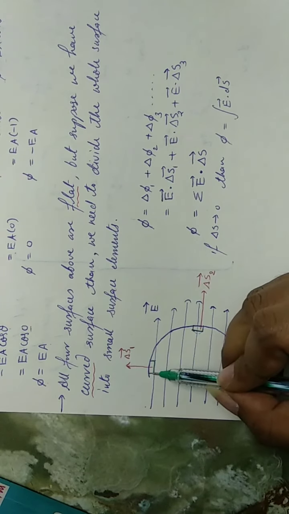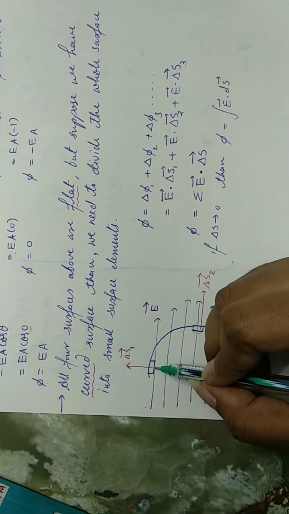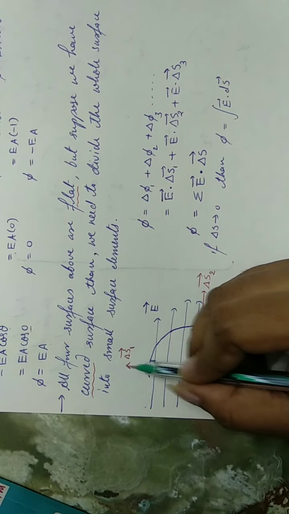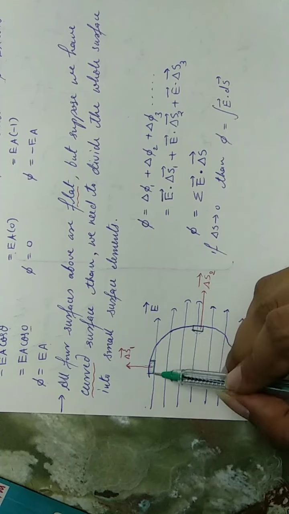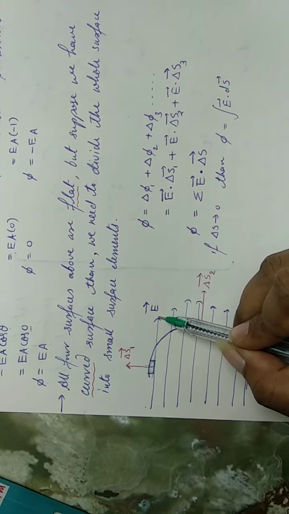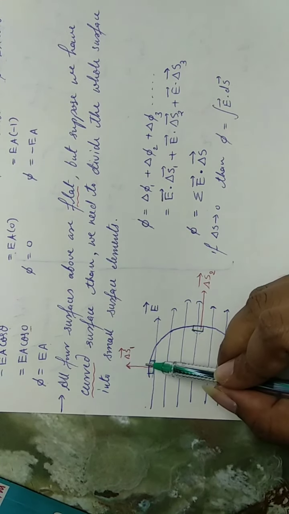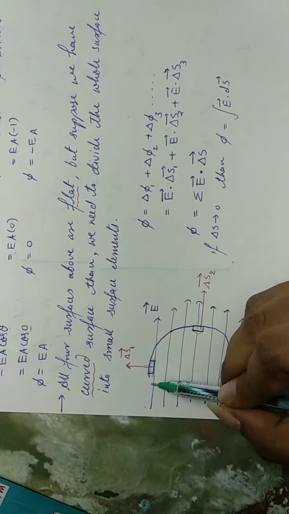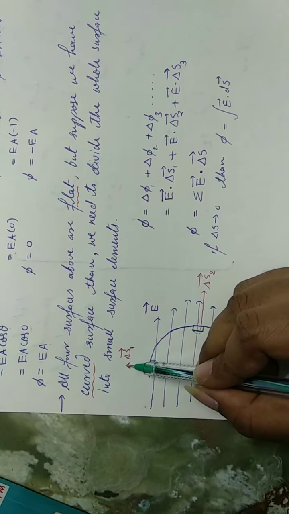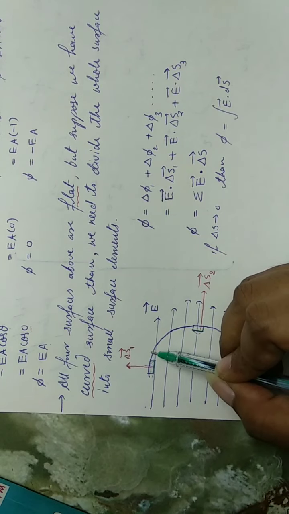So suppose we are considering this small area element, then the area vector is going to be perpendicular to the area, and this is the direction of electric field. So here you can see that the angle theta between electric field and the area vector is 90.